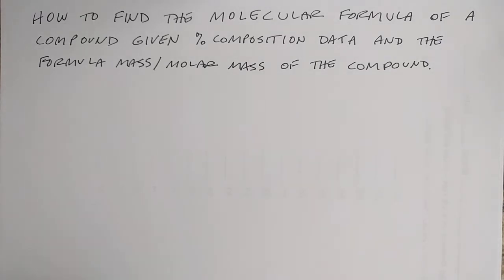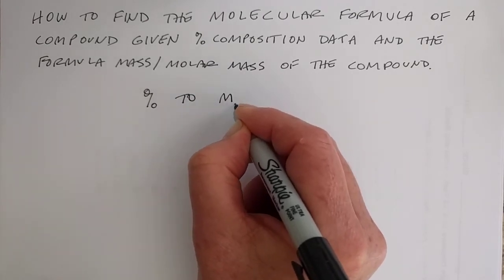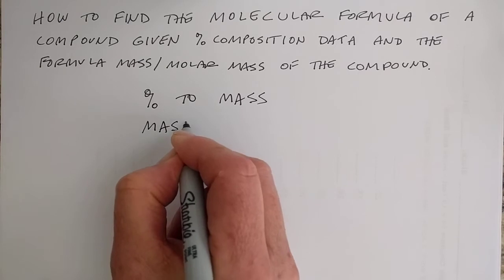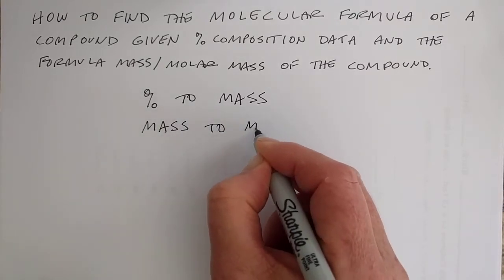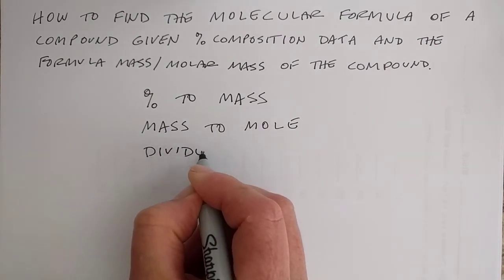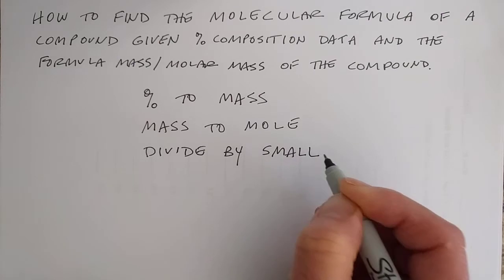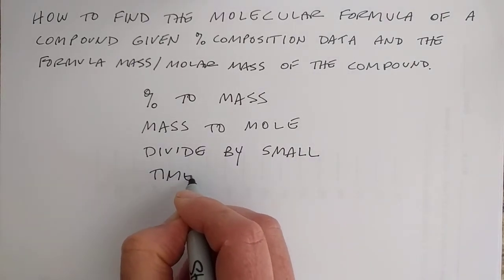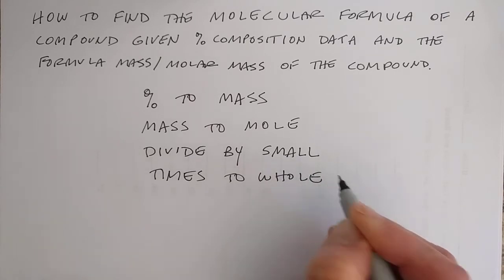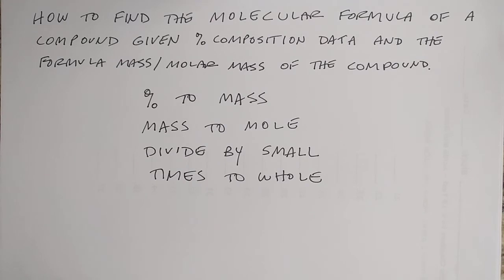All right, so we start out percent to mass. Mass to mole. Divide by small, times 2 whole. So we can go all the way from percent composition to our empirical formula.